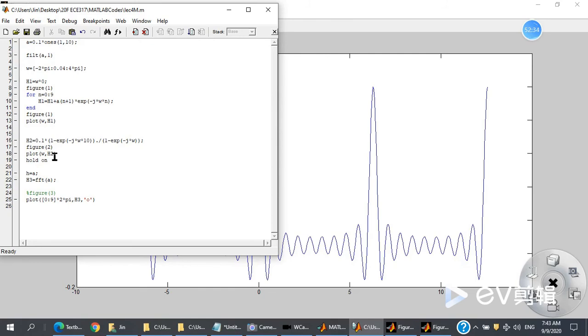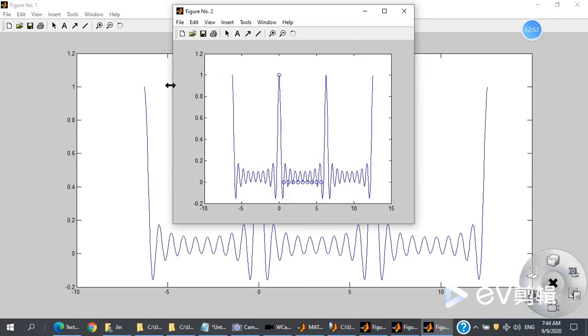This is w from negative 2 pi to positive pi, and here I have 9s. Oh, I need to divide by n, sorry, it's 2 pi over n. Remember last time we did that? Divide by n. This time it should be good. Okay, now it's here.